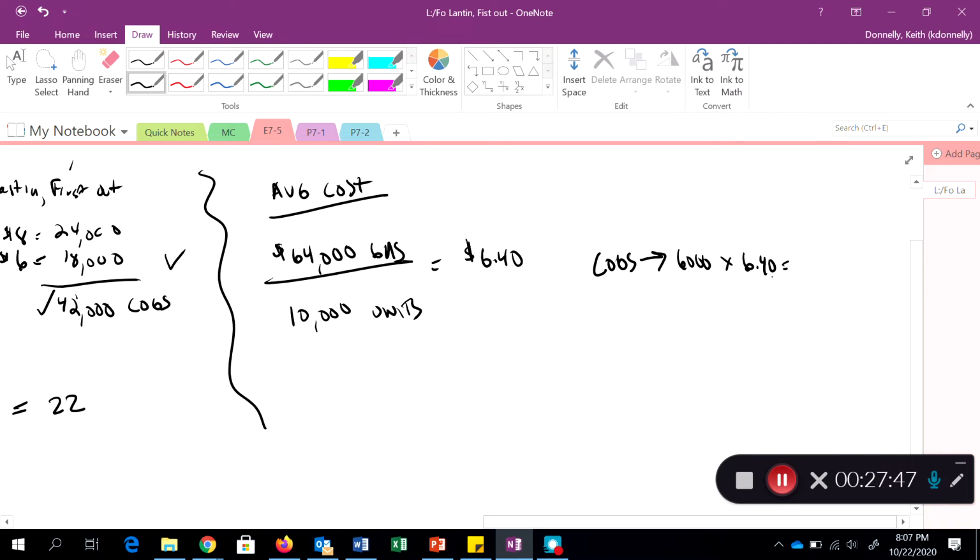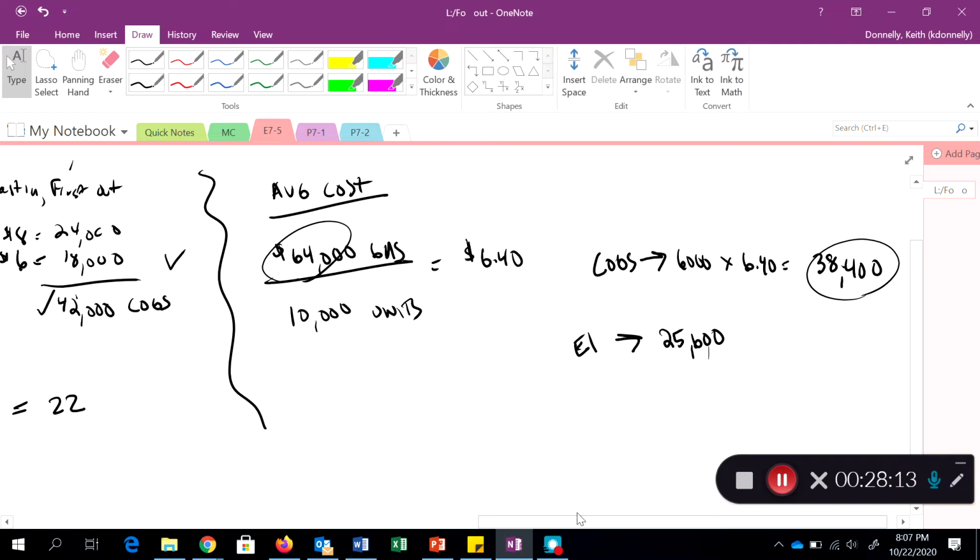In that case, it means it's going to be 38,400 for cost of goods sold. We take 64,000 minus 38,400. That means our ending inventory is going to be 25,600.